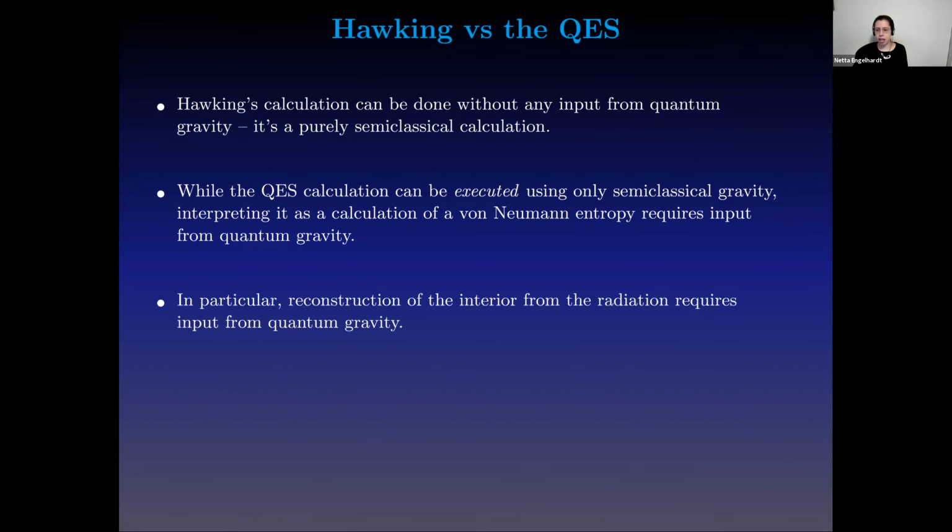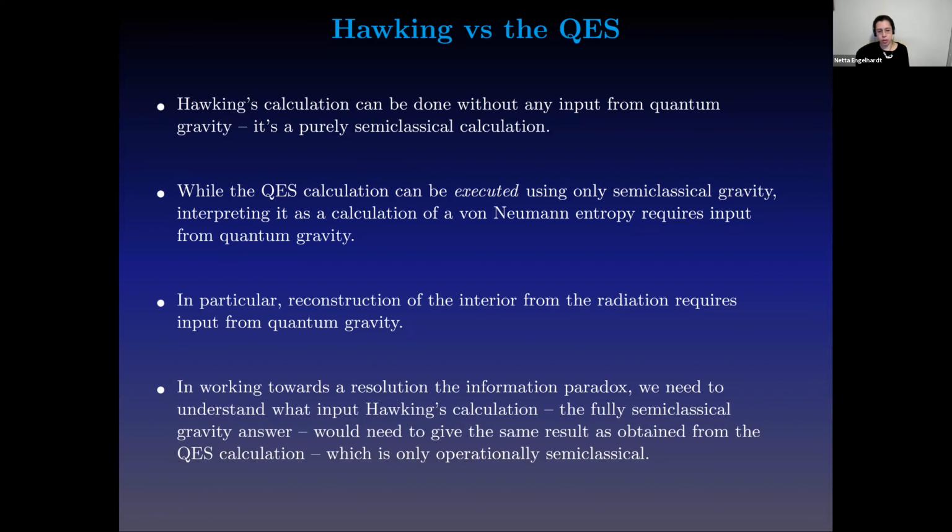So the one thing which is important here is that reconstruction of the interior of the black hole from the radiation requires input. Even if it's indirect input, it still requires some input from quantum gravity, which Hawking's calculation, of course, did not have. And in working towards a resolution for the information paradox, we do need to understand what input Hawking's calculation, the fully semiclassical gravity answer, would need in order to obtain the quantum extremal surface formula.